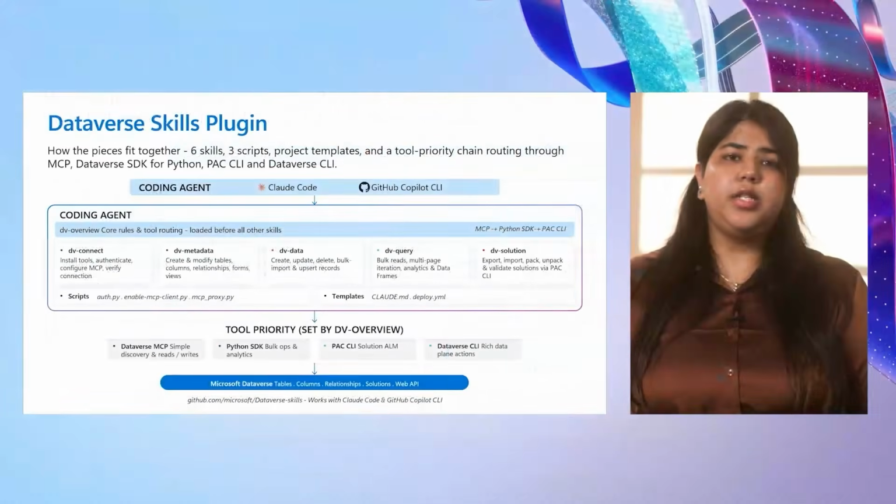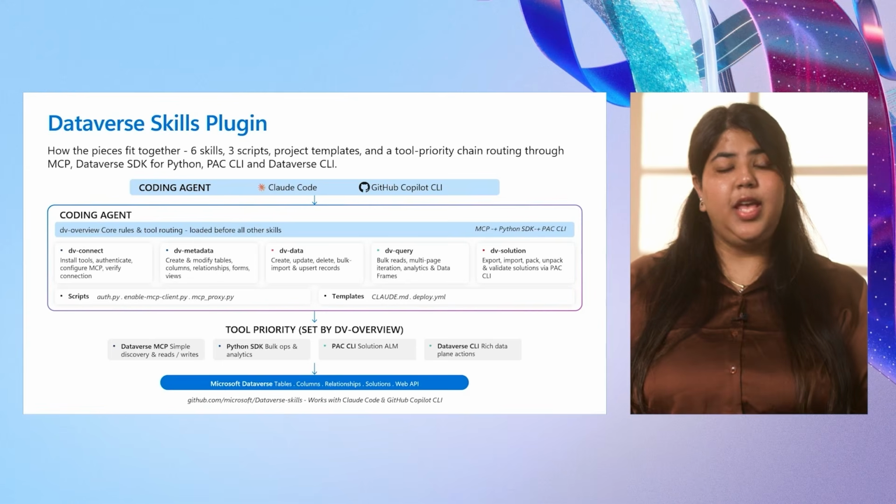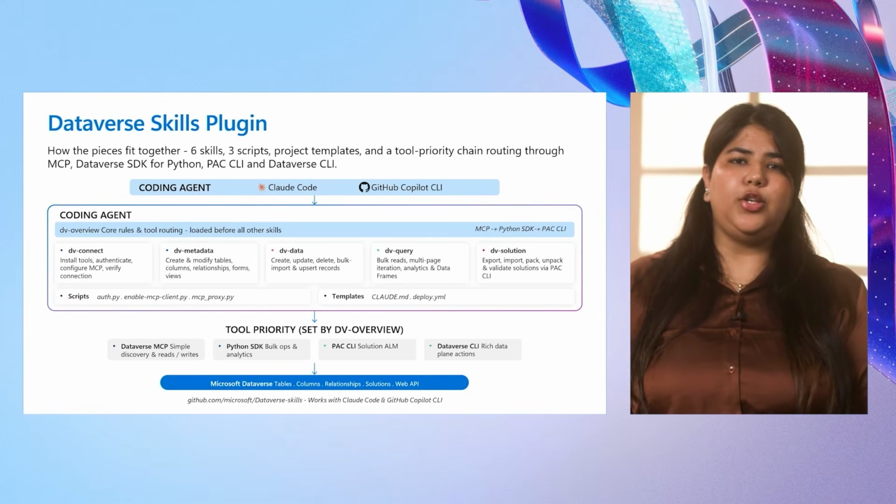It also includes scripts for authentication and MCP configuration, plus project templates. This gives agents everything they need to build your agentic systems with just natural language intent, and it works identically in Claude Code and GitHub Copilot CLI.